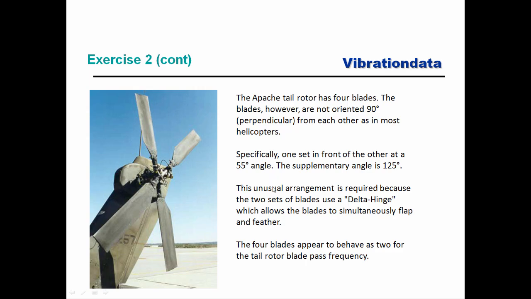For some reason, this unusual arrangement is required because the 2 sets of blades use a delta hinge, and that delta hinge allows the blades to simultaneously flap and feather. And it appears just from our data that the 4 blades are acting as just a pair of blades, in other words, as 2 blades for the purpose of sound and vibration.